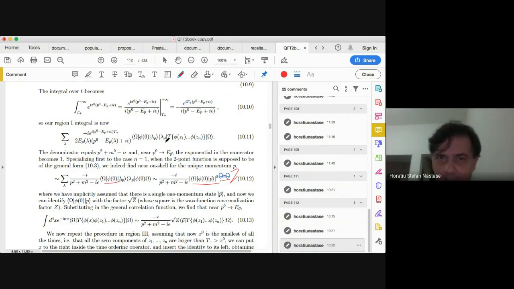So I substitute here in the general n case. I substitute this thing as square root z.